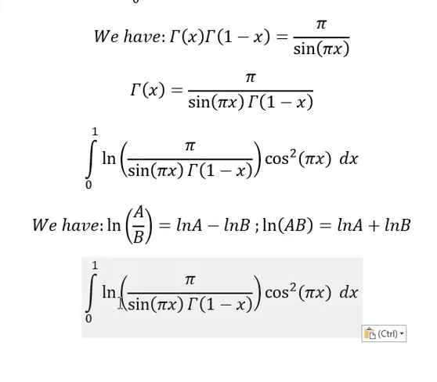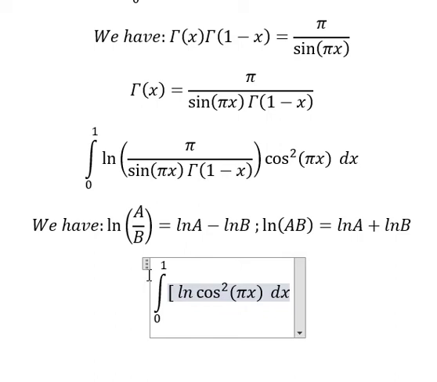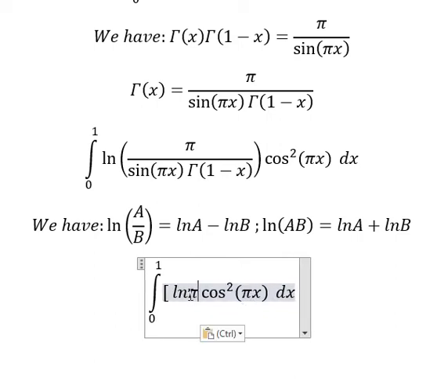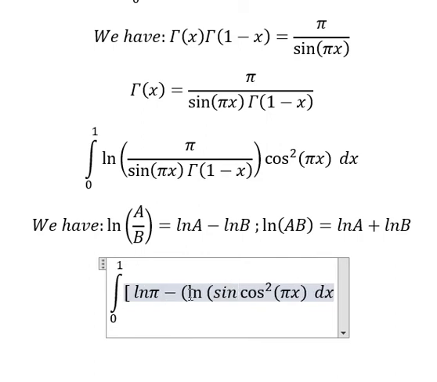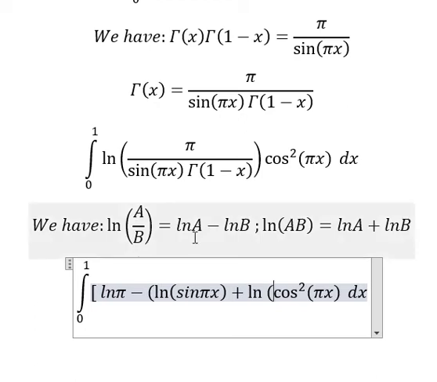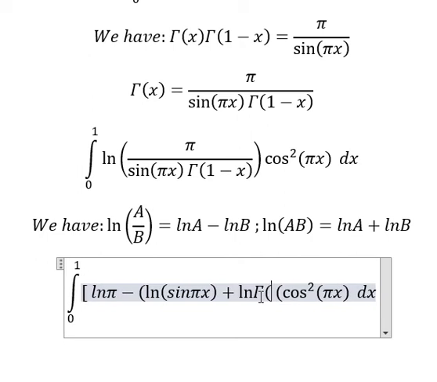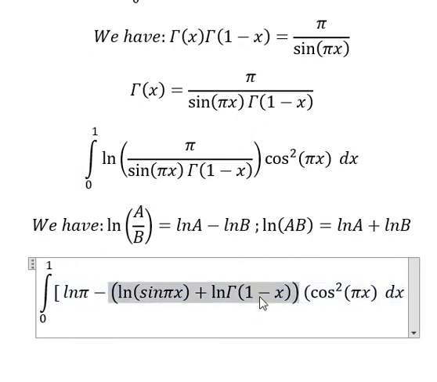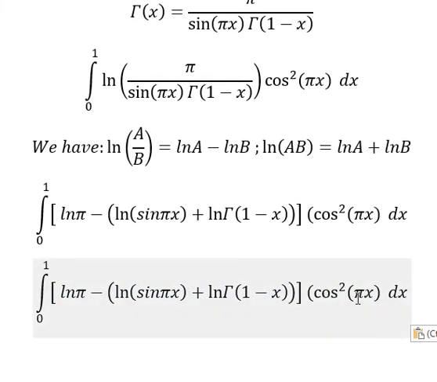So we will have ln of b minus, open the parenthesis, we have ln of sine bs plus ln of gamma of 1 minus s. So in this situation, cosine bs squared multiplied by this one, and this one.